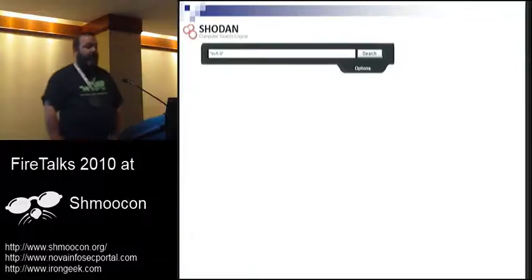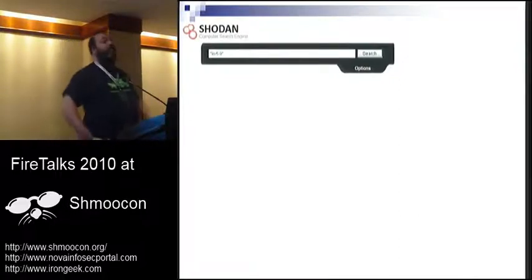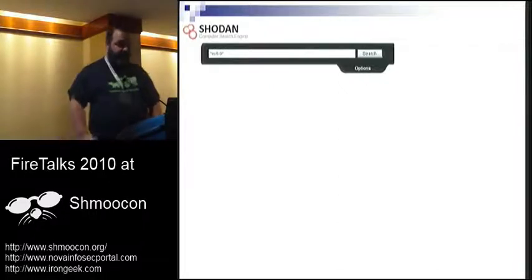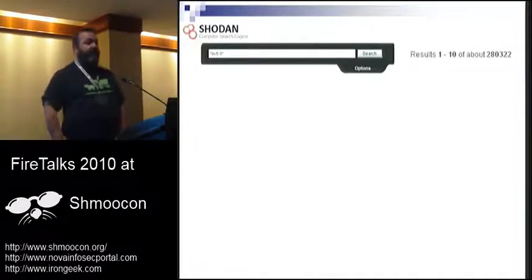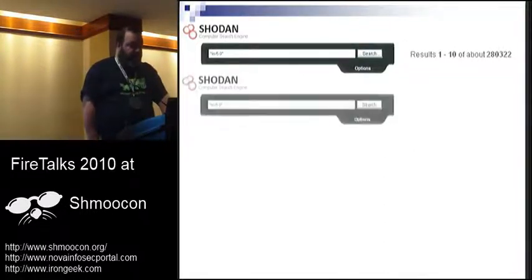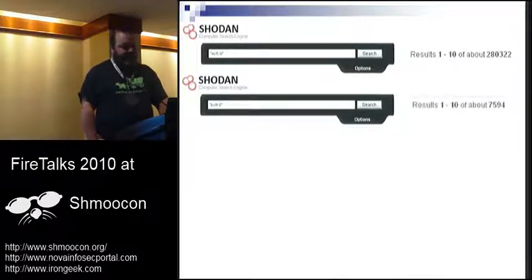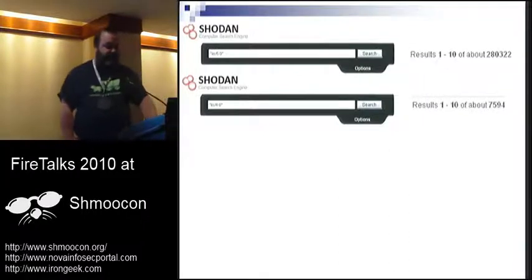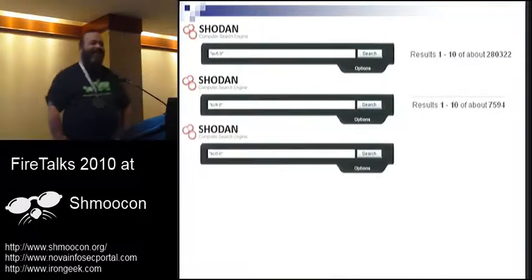Okay, so IIS 5.0. We know there's lots of IIS 5.0 boxes out there. I mean, 280,000 according to SHODAN. I'm sure there's a lot more, but this is what they found. IIS, well, nobody's using IIS 4.0 anymore, right? I mean, there's no way. 7,500. What about 3.0? No, it's not possible.